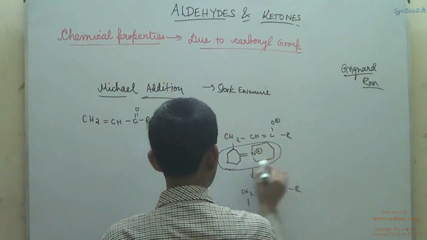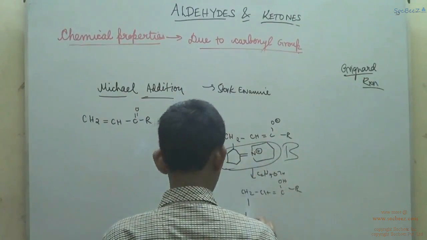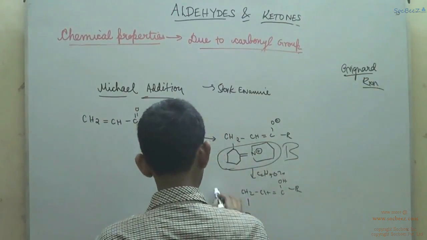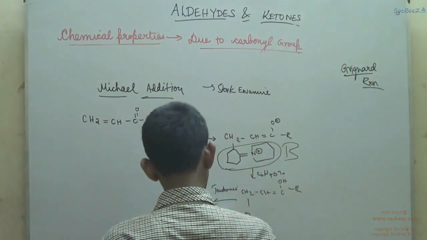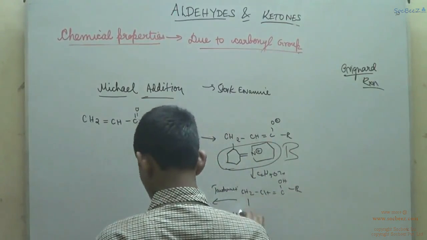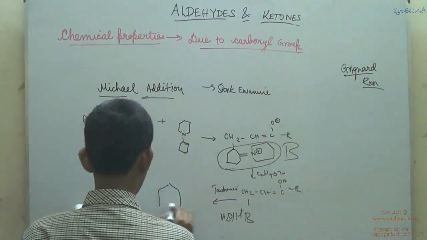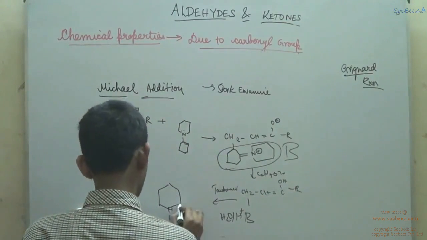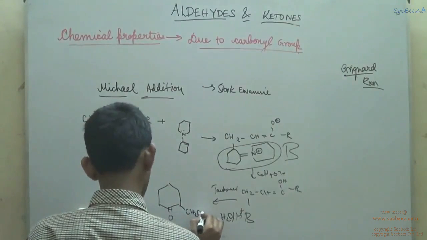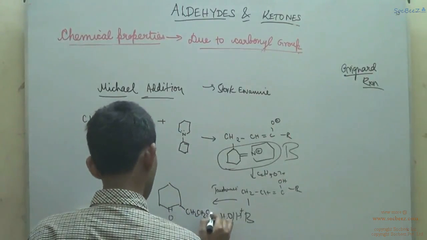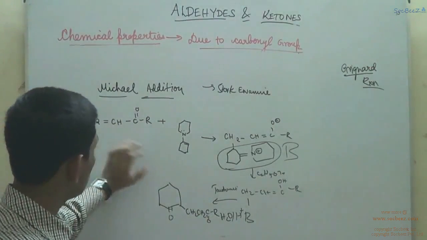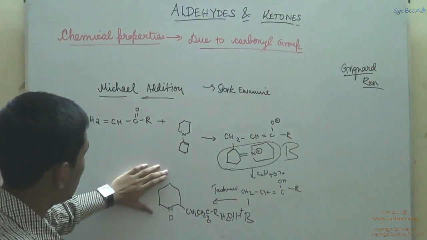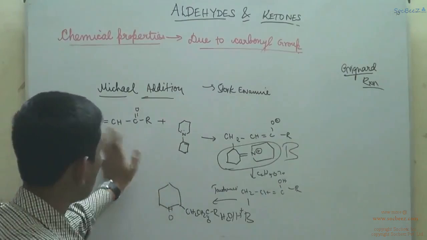Let me call this as B. Then you tautomerize and then add water with acid. Then you will get, okay. So to this you will get the cyclic ketone with this attached to the alpha position.